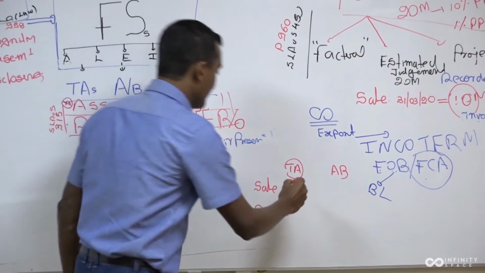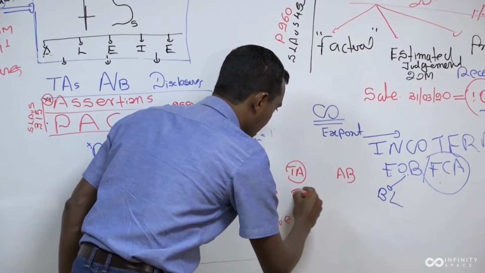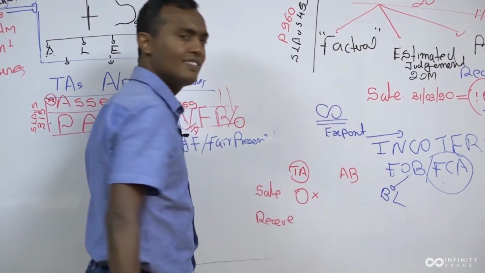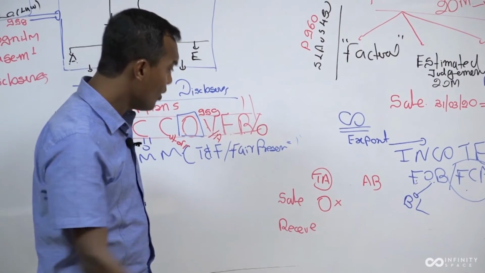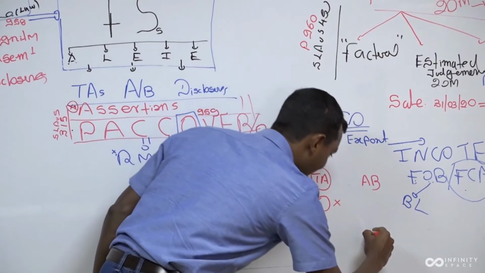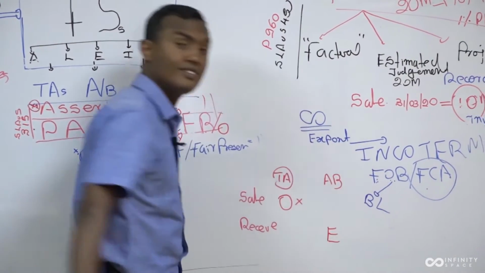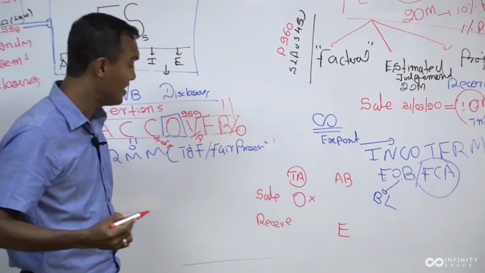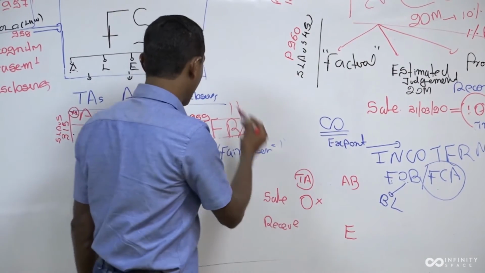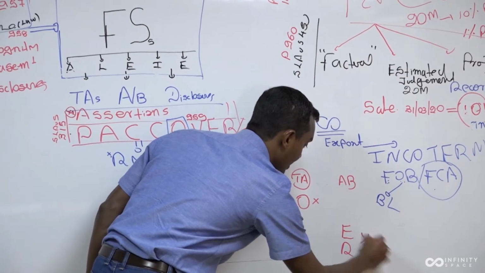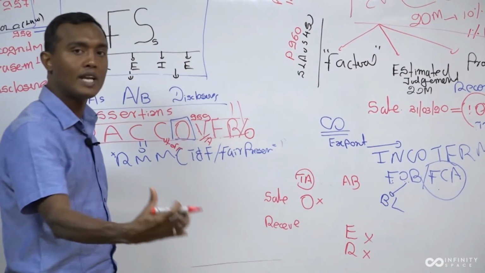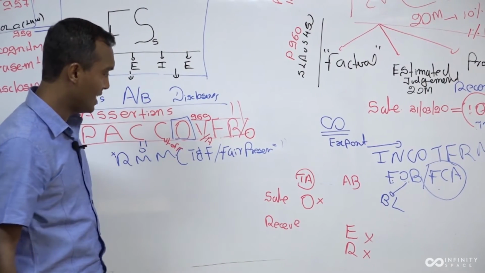So I know the occurrence assertion has not been satisfied. There is no sale as at 31st March. And if there is no sale, the debtor does not exist. Existence is not satisfied. I also know the rights assertion is not satisfied, because the company does not have the right to recover that asset.